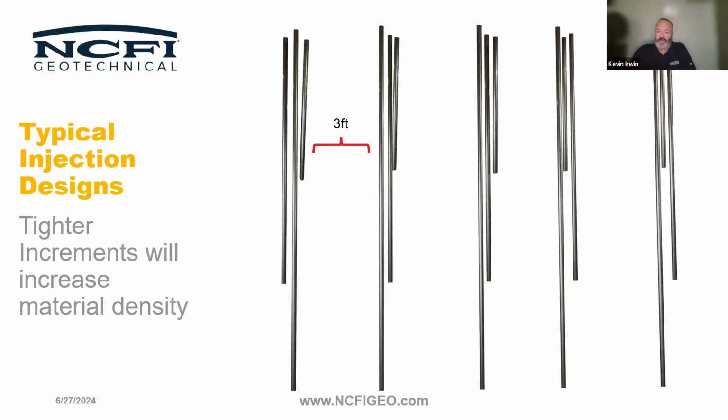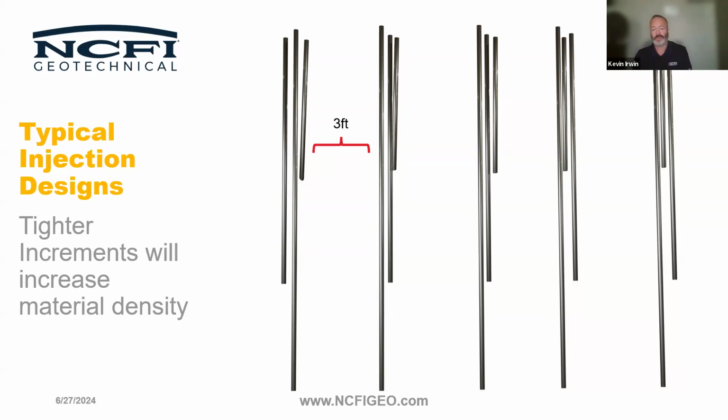So a typical injection design, as I mentioned earlier, we go typically 3 to 5 feet on that vertical as well as horizontal spacing. On the 3 foot, if we're at 3 foot intervals, we're going to increase the material density. We're getting closer together with our injections, and so we're getting possibly more interlocking between the different injection points, as well as the densification from one column to the next.